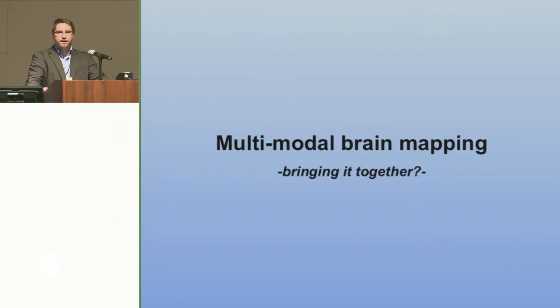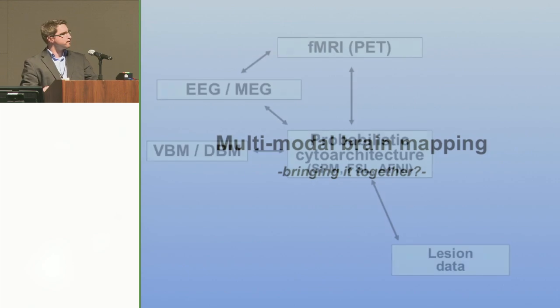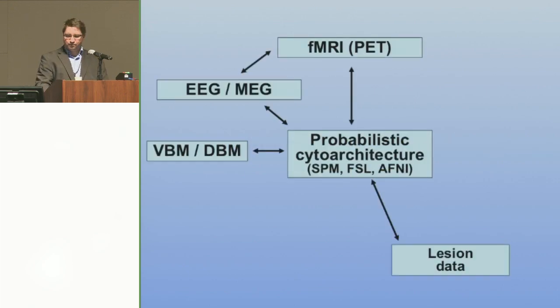So, how can we use that then to bring different things together in a probabilistic framework? We do have these probabilistic cytoarchitectonic maps, and really, by the way I've just shown you, you can integrate already a lot of different modalities in that framework. So anything which gives you voxel-wise results in MNI space is comparable.